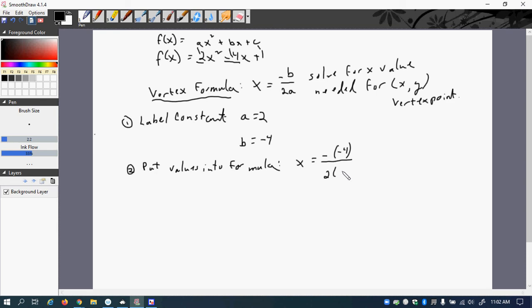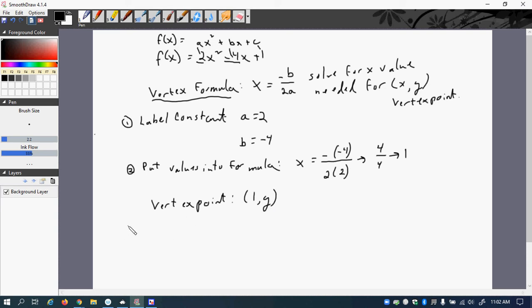And then you have 2 times 2 because a is 2. So now I have 4 over 4, which is really 1. So I now know half of my vertex point. So my vertex point is so far 1 comma y.